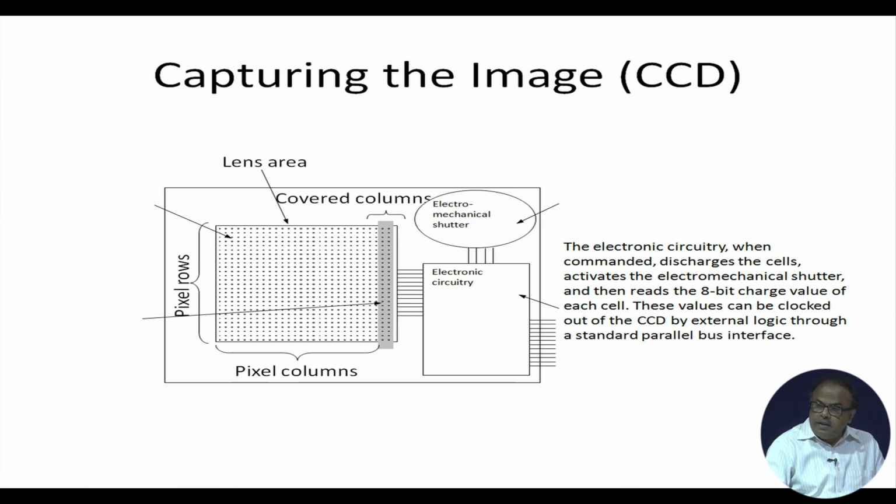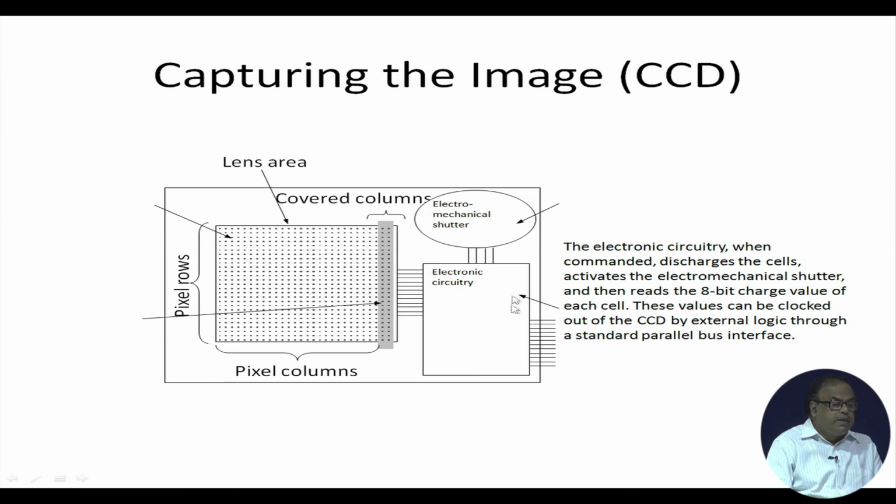Some will have incident light, some will not. So, there is an electromechanical shutter by which if we press that, then this lens area is exposed to the image or to the light.